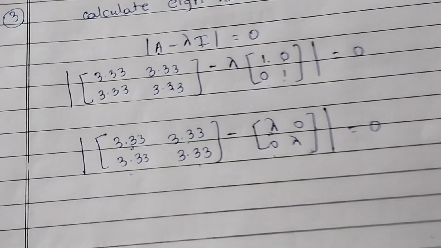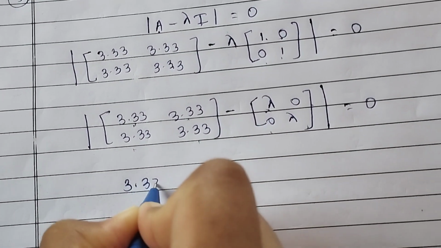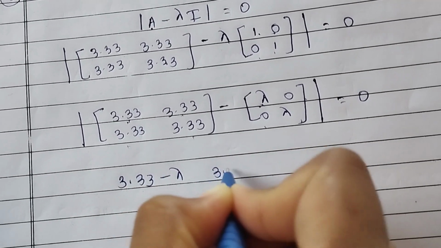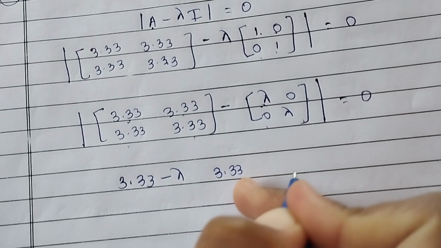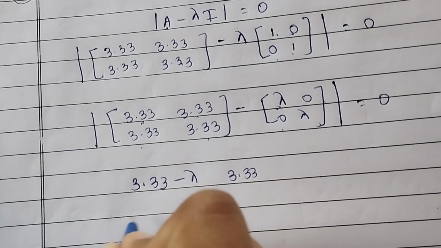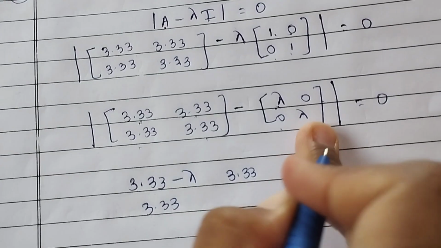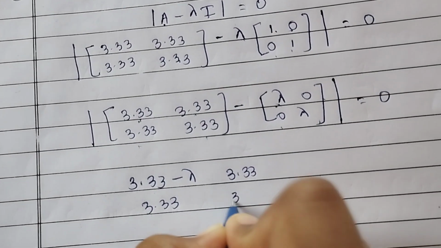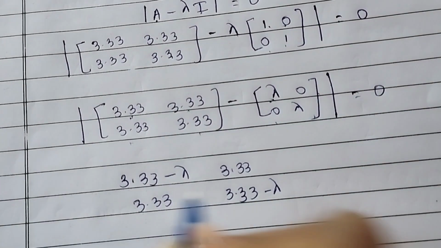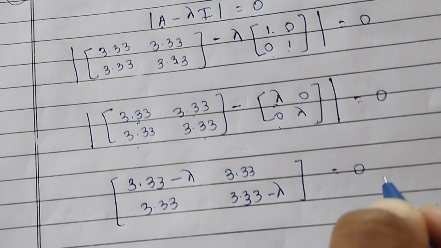So the same we perform here. 3.33 minus lambda, 3.33 minus 0 is 3.33, 3.33 minus 0 is 3.33, 3.33 minus lambda. So this is now the new matrix equal to 0.